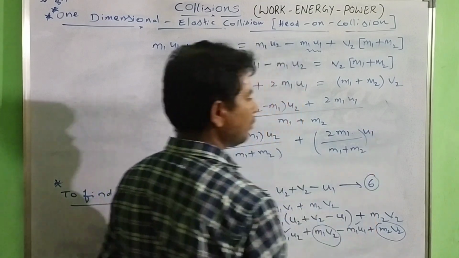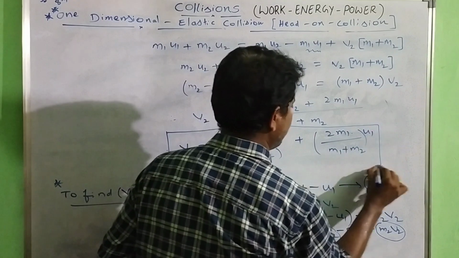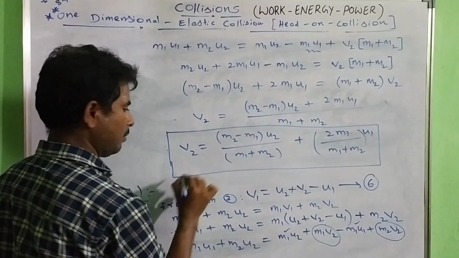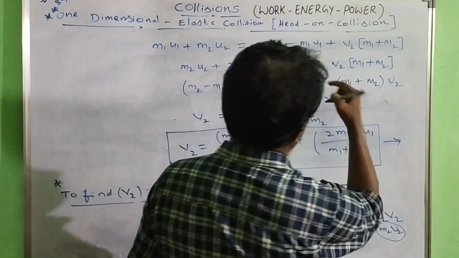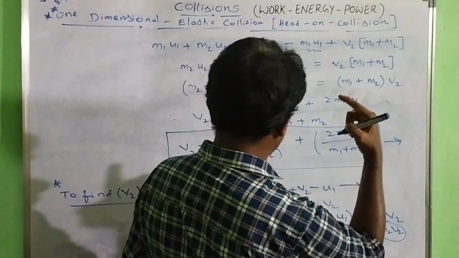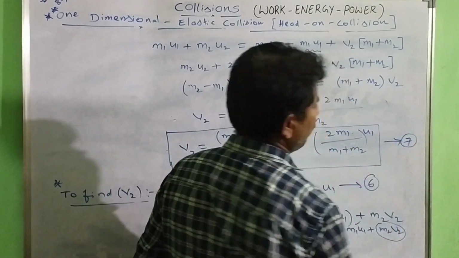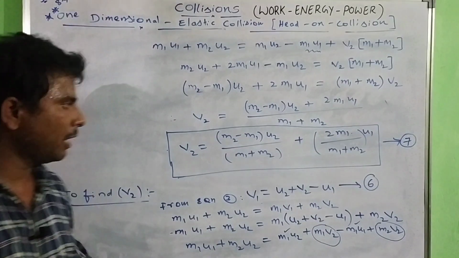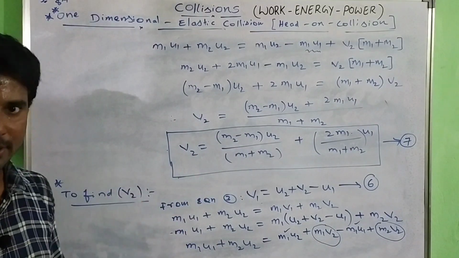This is equation number 7. Equation 5 and equation 7 give the velocities v1 and v2.